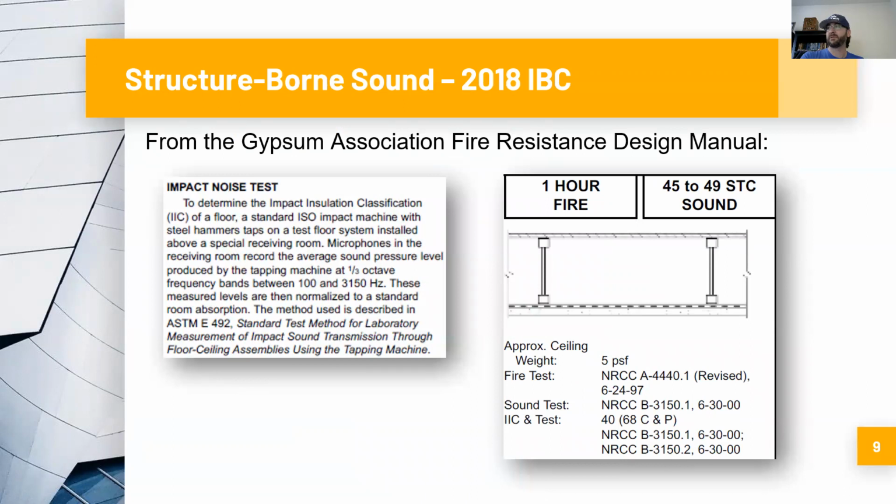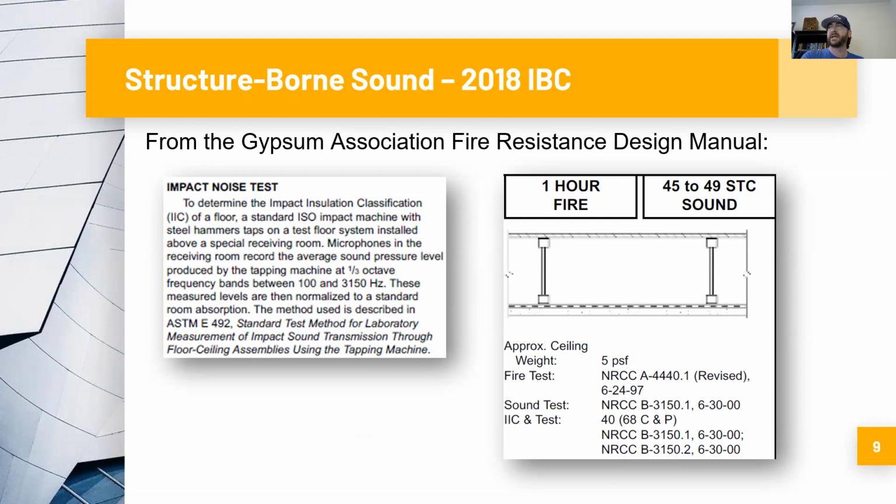This would be kind of an example of an assembly that predates modern standards. So 45 to 49 is no longer meeting a code minimum. So if you're going to use this for a residential floor, you need to really think about it or alter it or do something else to it so that you actually can increase that STC.